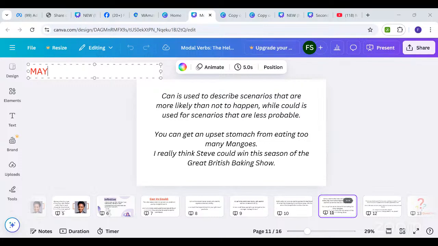So talking about the sentence you stated earlier, could I borrow your pen? Am I correct? Was that the sentence you stated earlier? Yes. Okay. Could I borrow your pen?